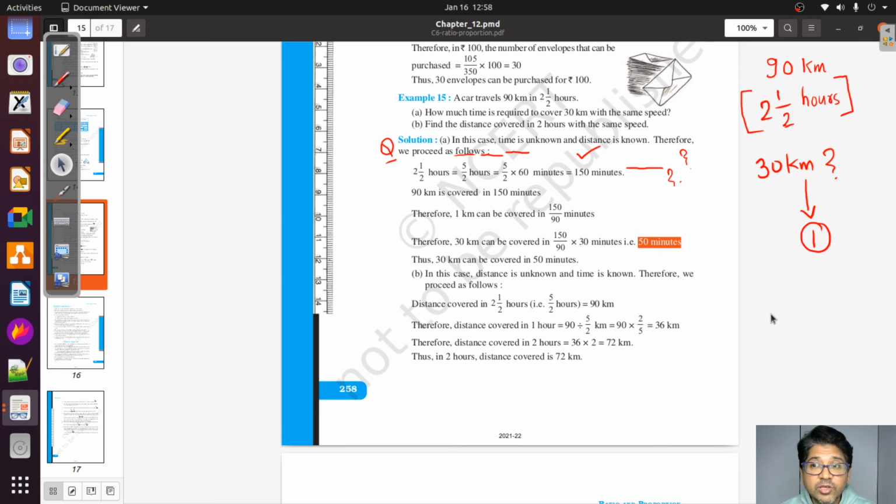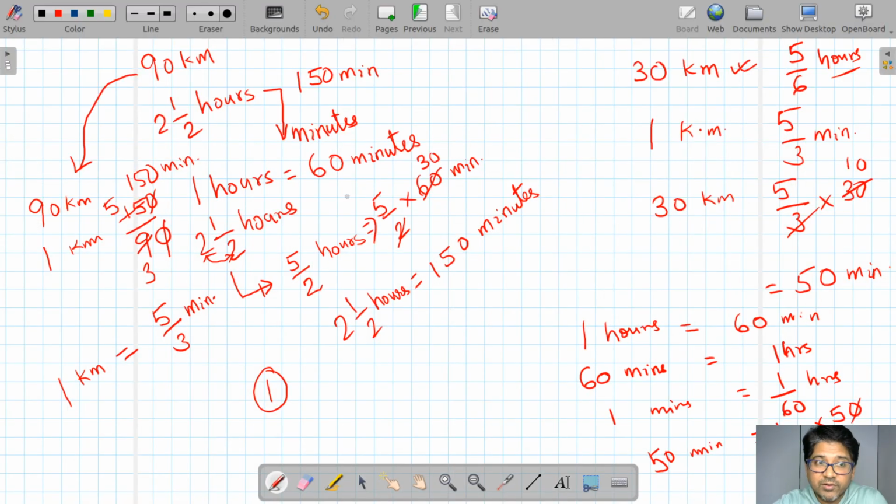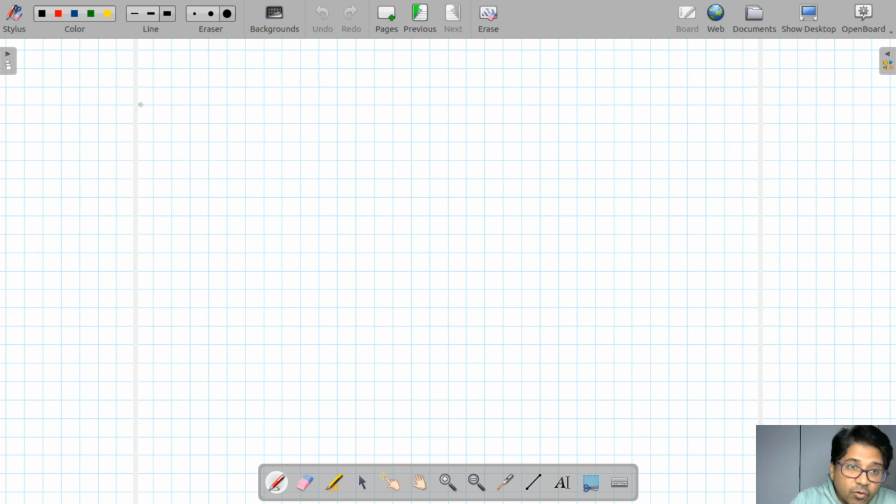This time they are asking unitary of what, hours? We have already done this. Go and check our work. We changed hours before, and we saw 90 kilometers in 150 minutes. So we will not do this part again because we have already done it. So here we have 150 minutes and 90 kilometers.